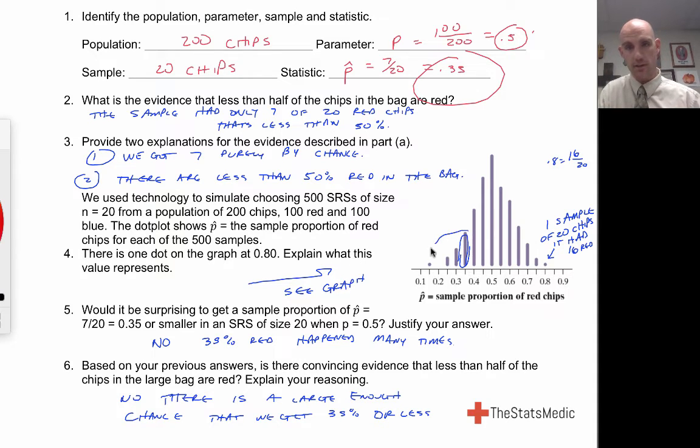So all this over here, 35% or less by chance, because it's greater than 5%, right? We have quite a few samples over here that fit in that 0.35 or less, certainly more than 5%. Okay, so that's the basic gist.